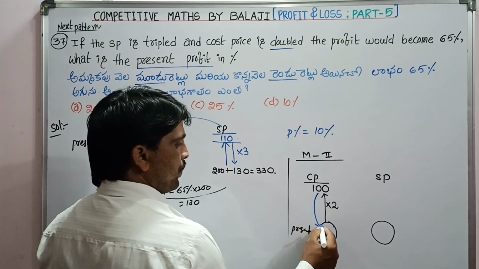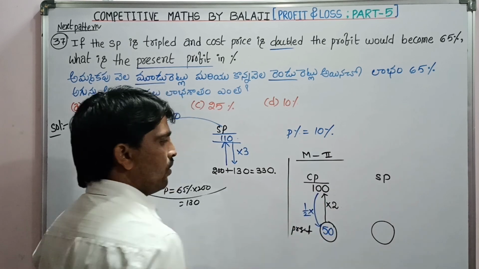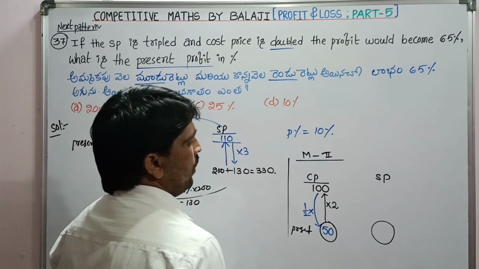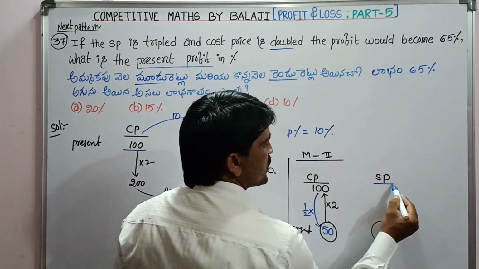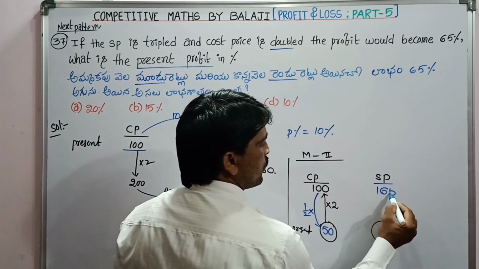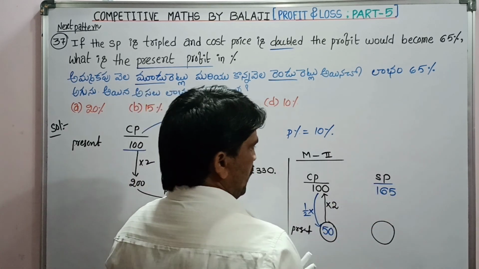Then present CP is half of 100, that is 50 units. Now, when CP is doubled, there is a profit of 65%. So SP is 165.